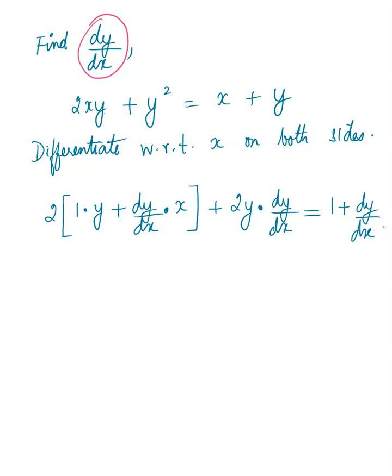We know in our minds that we're going to collect all the terms with dy over dx, but for that, let's first distribute. And the only place where I see the need to distribute is here. All other terms are pretty much by themselves.